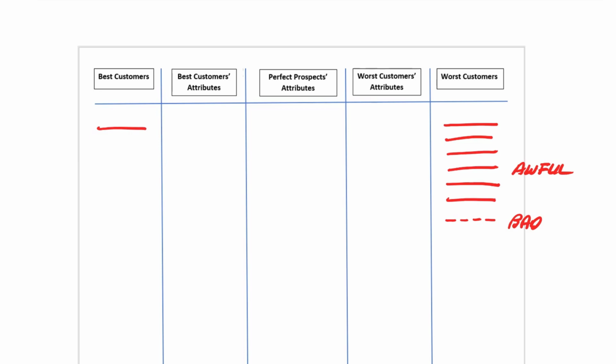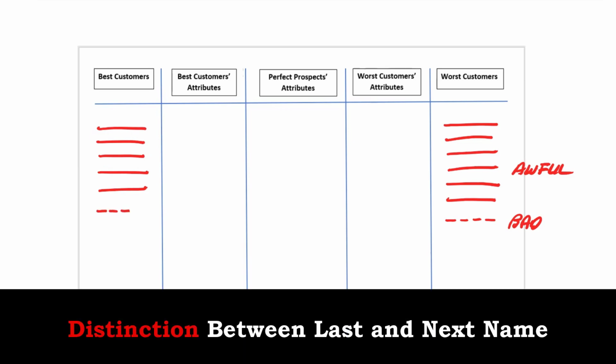Then come back over here on the left and write down the name of your next best and next best and next best. Said differently, they're getting a little worse with each name you write down, a little less good, until you come to a place where there's a major difference, a distinction you would make between the last name you wrote and the next name you'd write.